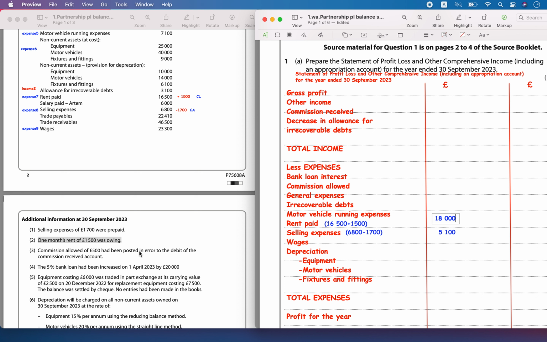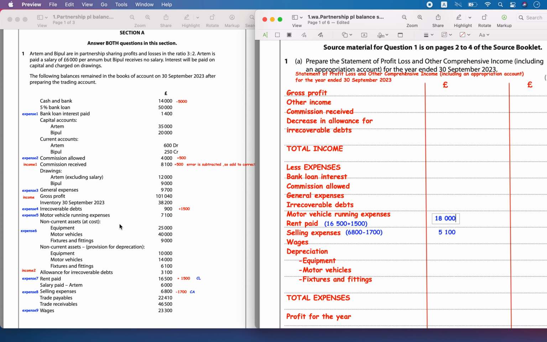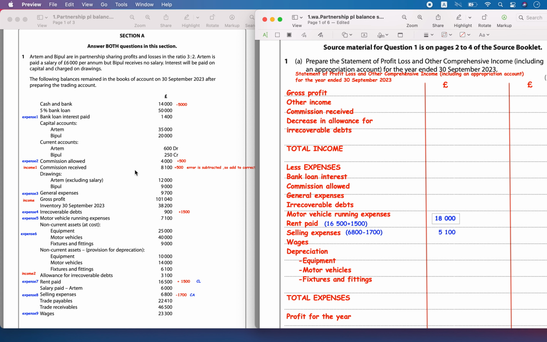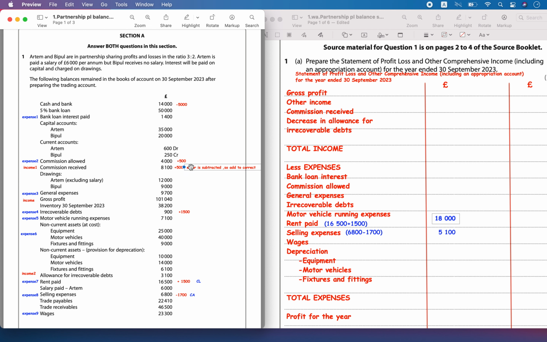Then we have commission allowed of 500 had been posted in error to the debit of the commission received. Commission received is an income account. So it should have been posted on the credit side, but it has been posted on the debit side. To correct it, I will enter on the credit side of commission received.